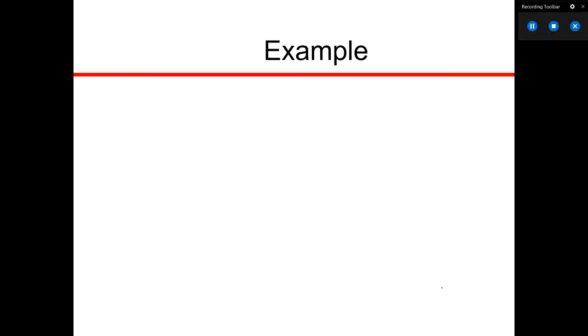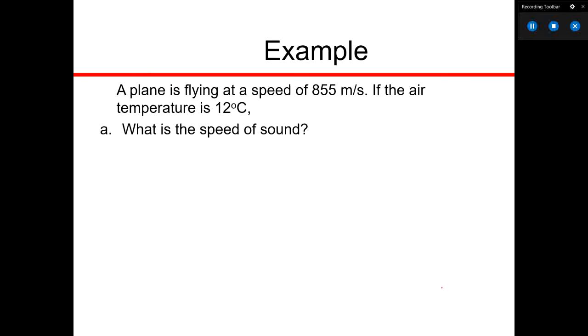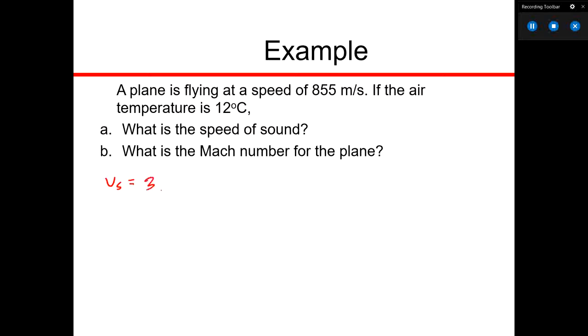Let's take a look at an example with some calculations here. We have a plane flying at a speed of 855 meters per second, and the air temperature is 12 degrees Celsius. Let's calculate the speed of sound as well as the Mach number for the airplane. Our speed of sound equation for part A is 331 plus 0.59 times the temperature.